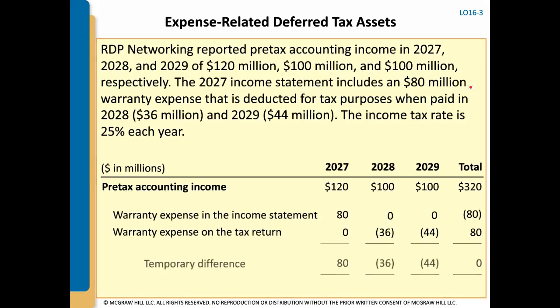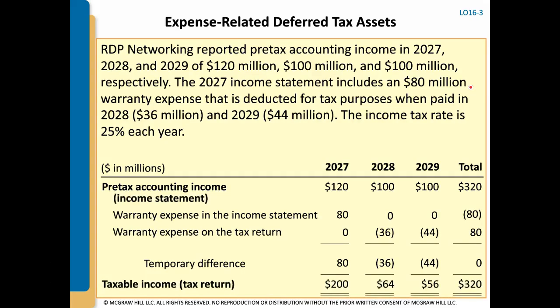So when we look at what happens for tax purposes, let's start with 2027. We start out with our pre-tax accounting income, and that just means the pre-tax income on the financial statements, on the income statement that you see in the 10-K. And that's $120 million, which, as you saw in the previous slide, includes the $80 million expense.